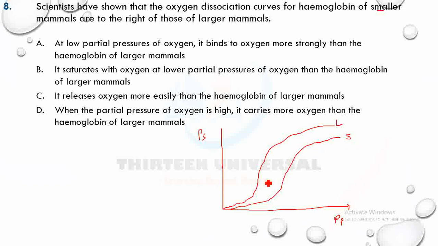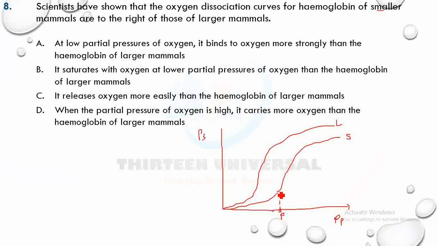Now automatically if you check it, look at this point. This is the partial pressure, let me call it P. If at this partial pressure you trace the percentage saturation for each of these mammals, can you see?